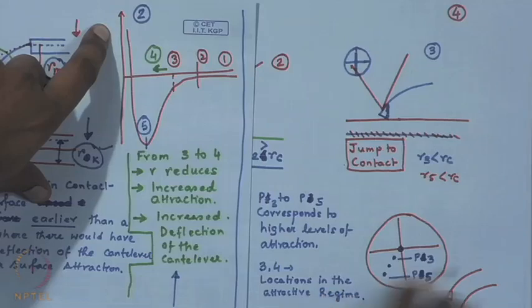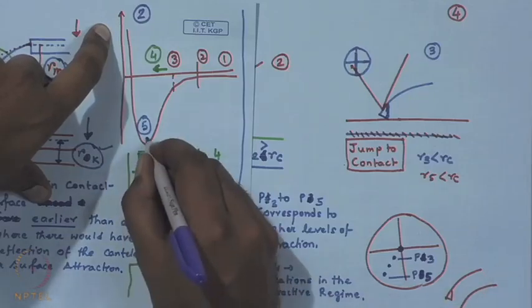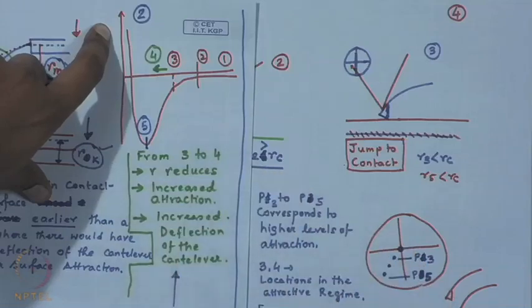In the attractive regime, however, it is not in contact. Okay. In contrast, 5 is the point where the jump to contact has been achieved.